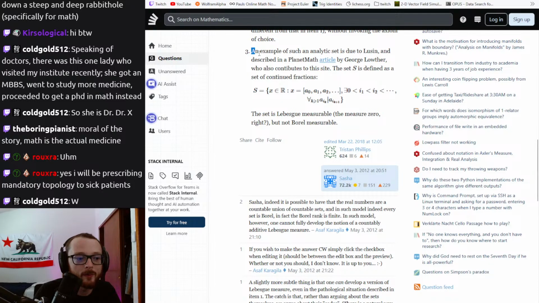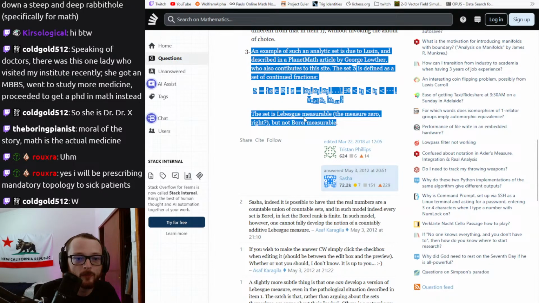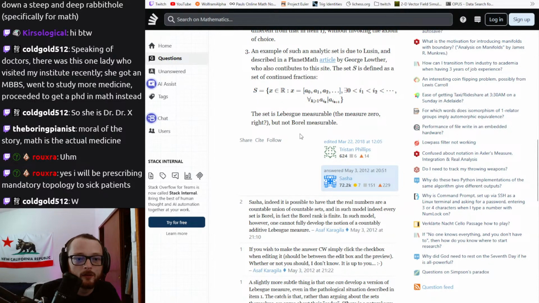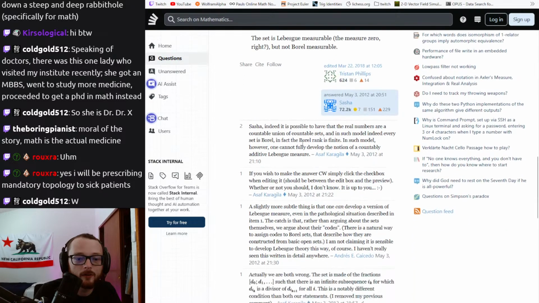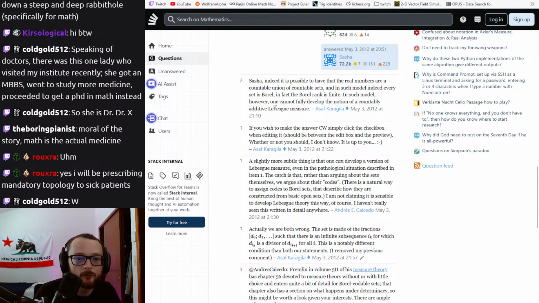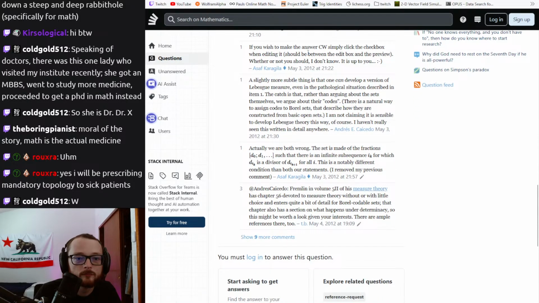Okay, so this person is talking about the exact example that Cold Gold brings up. I wonder if the comments talk more about one of these. Describing mandatory topology to sick patients. There you go, Roxura.